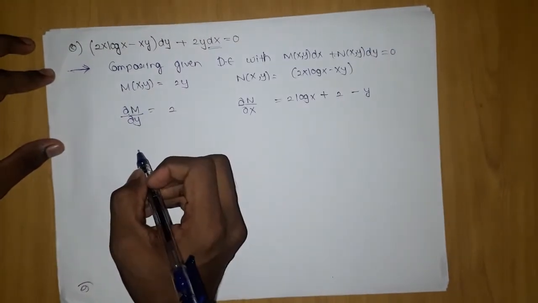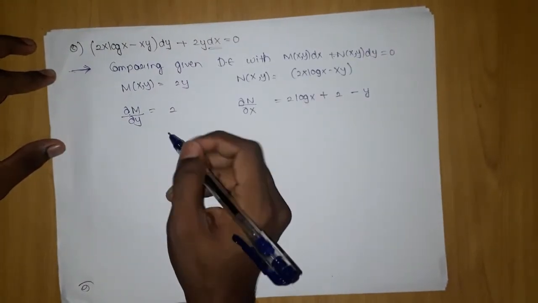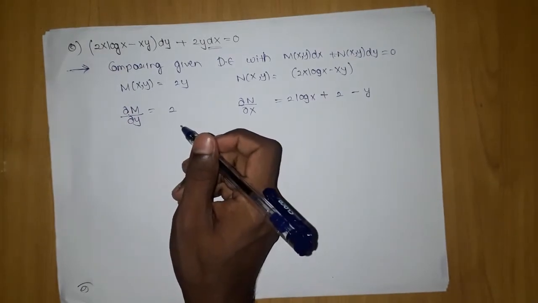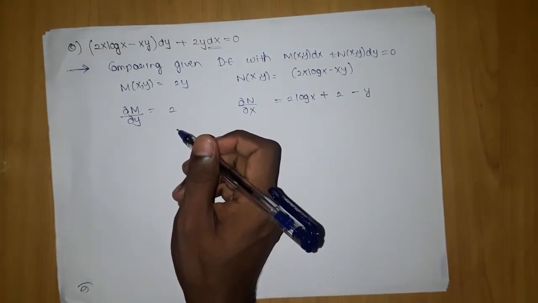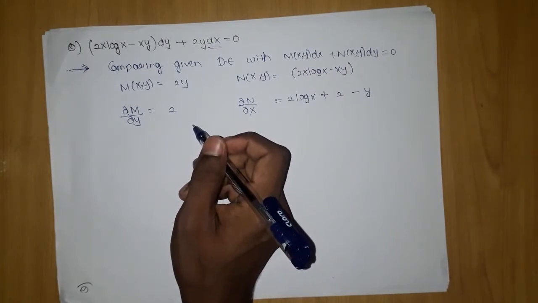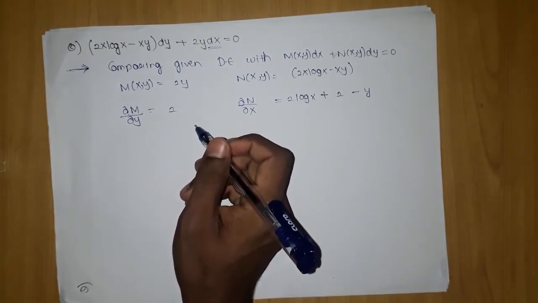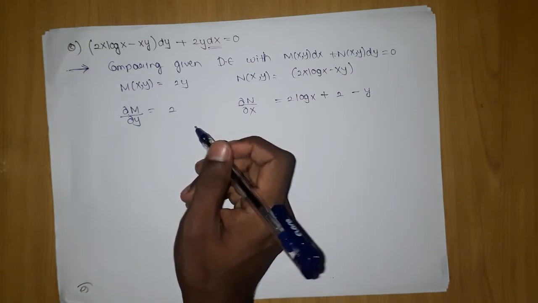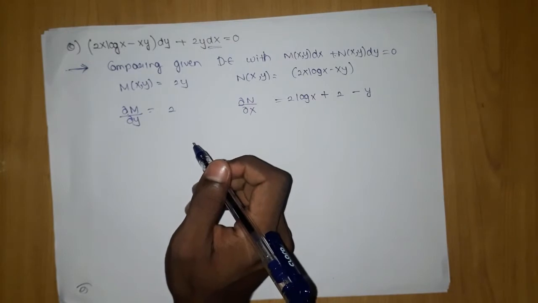Now if you observe, which thing can we use here to simplify our equation? You have to identify first M(x, y) and N(x, y), and then move on.